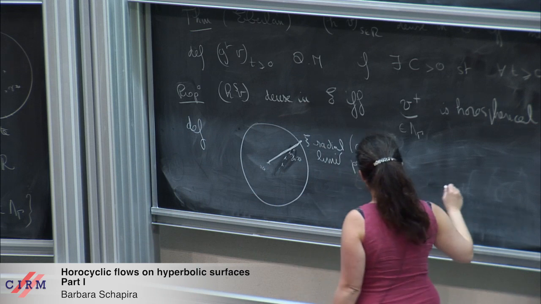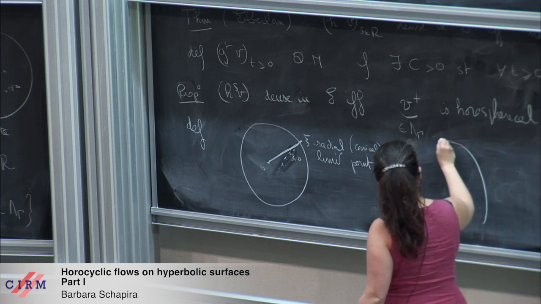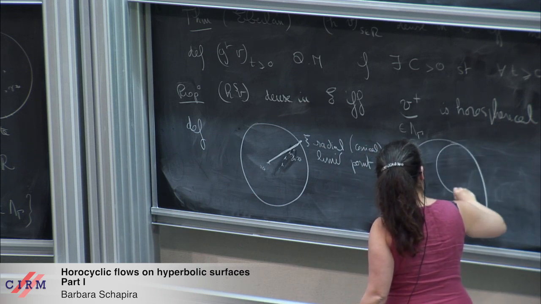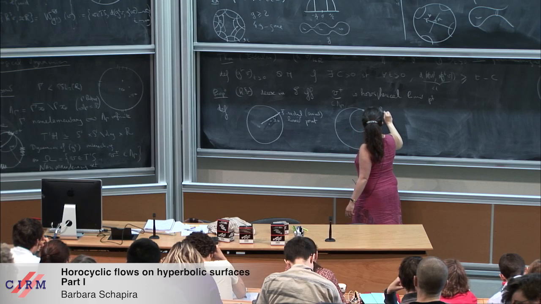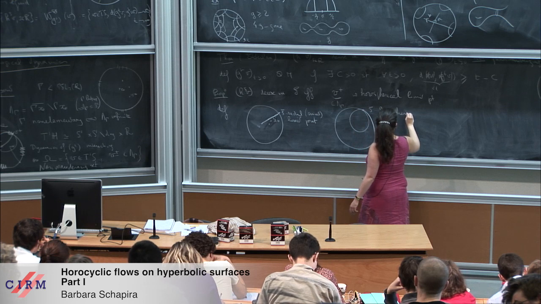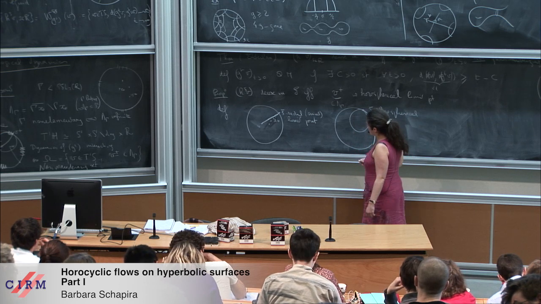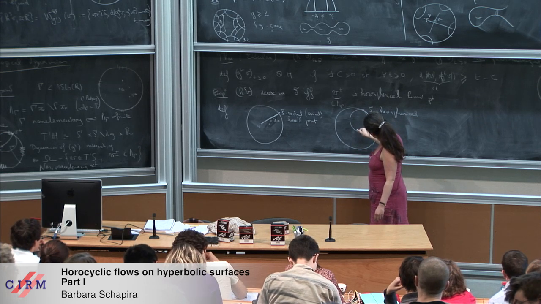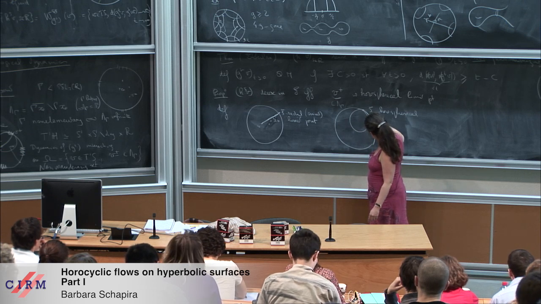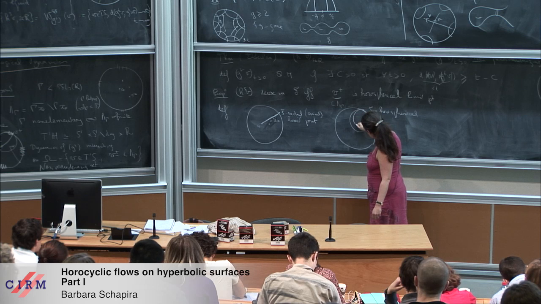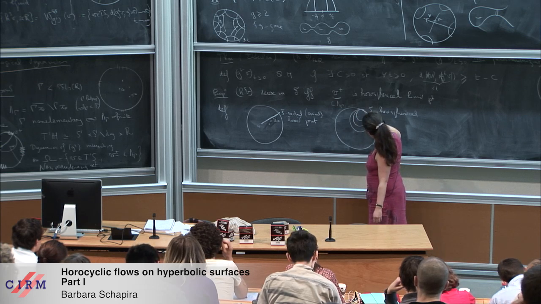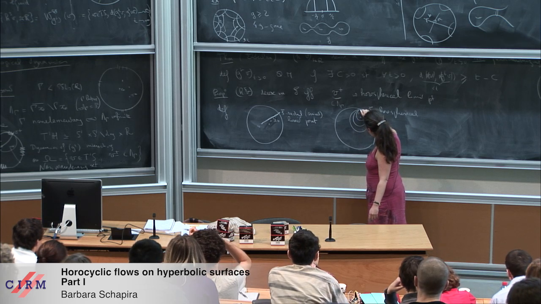And a point is horospherical. It's a little bit weaker. It says that given any horosphere, horocycle centered at Xi, as small as you want, there will always be points of the orbit inside.